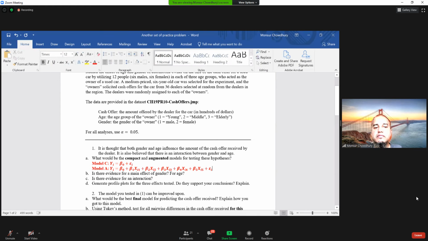Now, one thing you can notice: how many parameters do you have in the augmented models? Can you tell me? Six parameters. Now, does age go in columns or gender in rows?